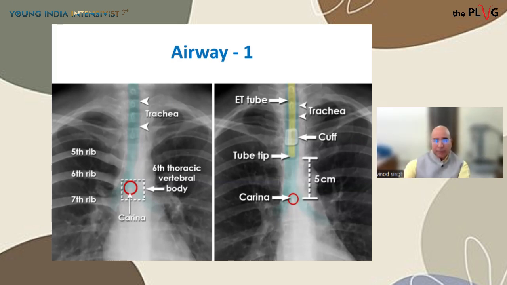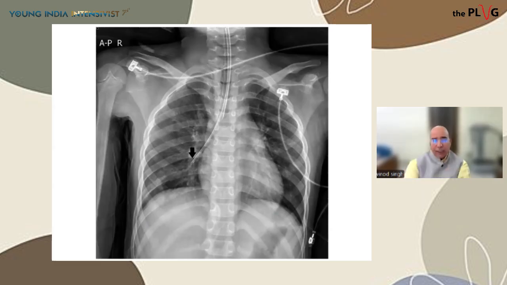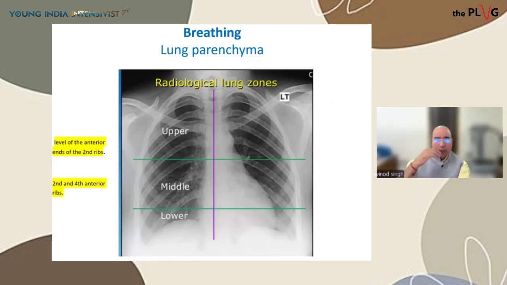Again, you can see that an endobronchial catheter has been passed into the right main bronchus, and this is for chest surgery or sometimes for hemoptysis.